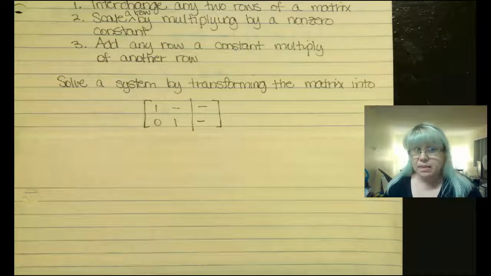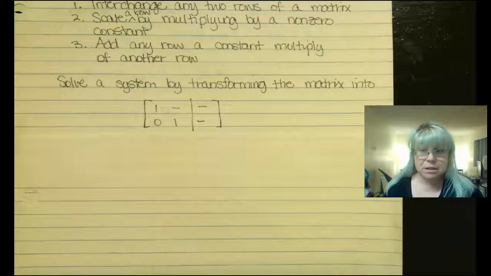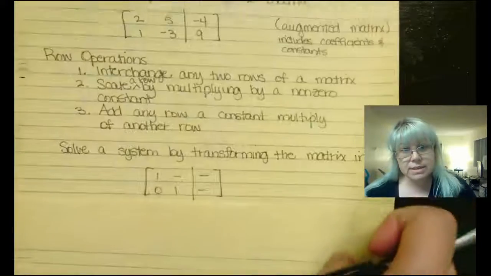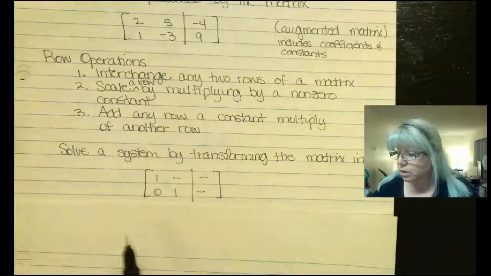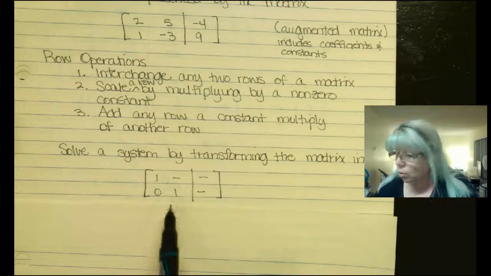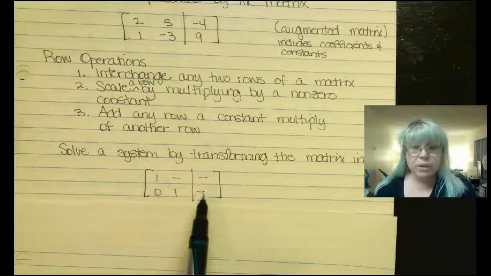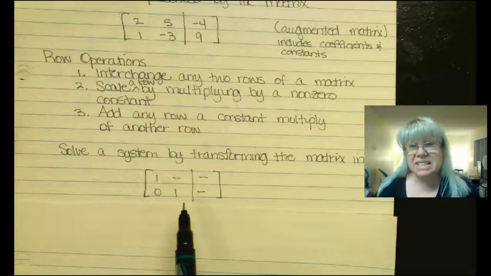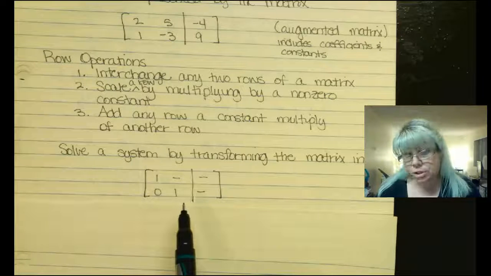Okay, so we have these row operations, but how does it help us? Well, if we can get an augmented matrix to look like 1, 0, whatever value, 1, whatever value, whatever value, then I can solve this system fairly simply by back substitution.